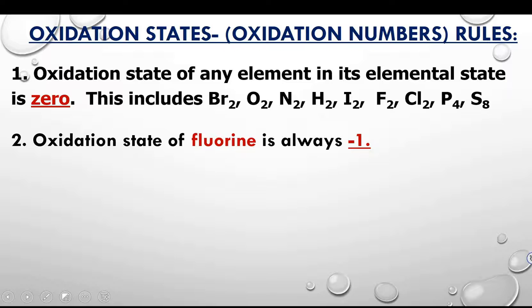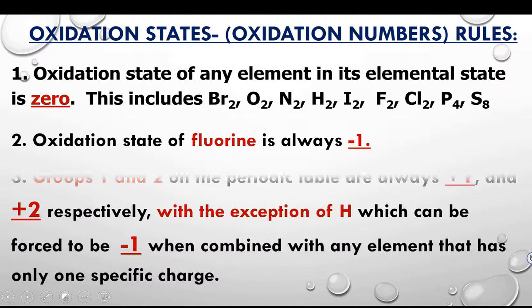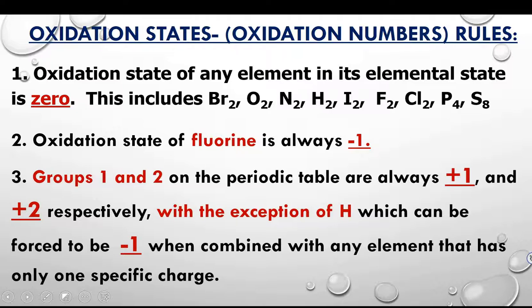The oxidation state of fluorine is always -1. There is no other charge for fluorine. Groups 1 and 2 on the periodic table are +1 and +2, respectively, with the exception of hydrogen, which can be forced to be a -1 with anybody in what we call type 1 naming. So it could be forced to be a -1 with column 1 or column 2, because they don't ever take a negative charge, but hydrogen can.